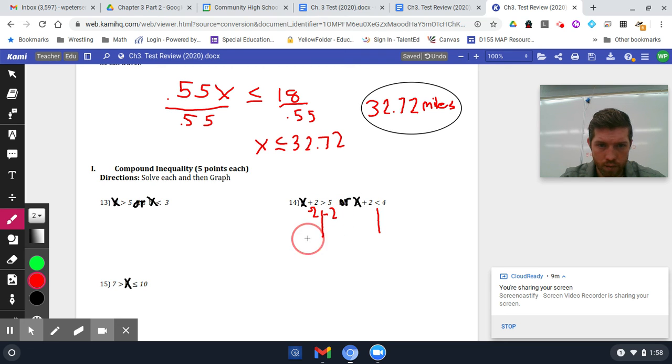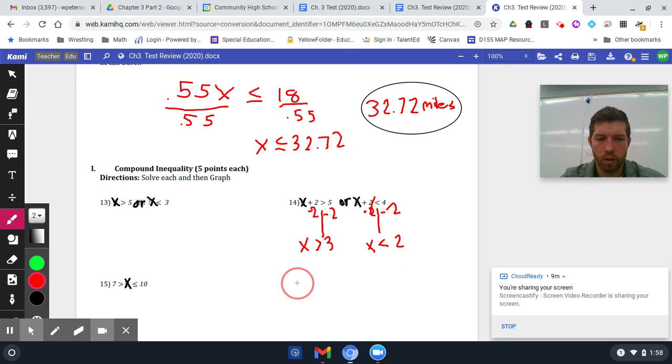When I do that, I have x is greater than 3. Or I subtract 2 from both sides, and we have x is less than 2.